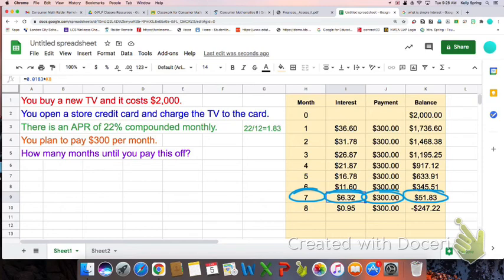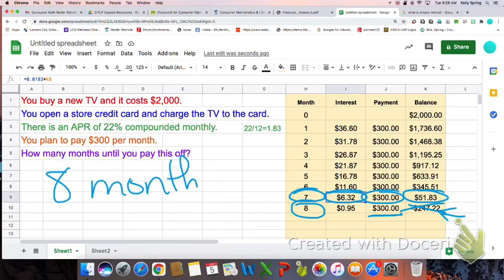So I do need to make a payment in month 8, but I don't have to make a full $300. I really only have to make a $51.83 payment. Otherwise, the bank is holding my money until you make another charge on your credit card, I guess. So for this one, the answer would be 8 months.